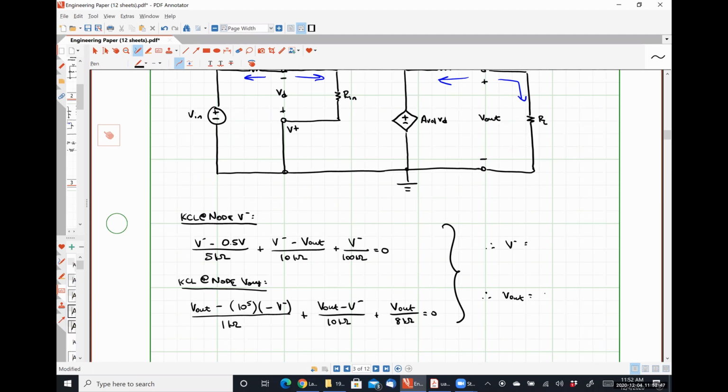And my coefficient for V out is 1 over 1,000 plus 1 over 10,000 plus 1 over 8,000, equal to 0.